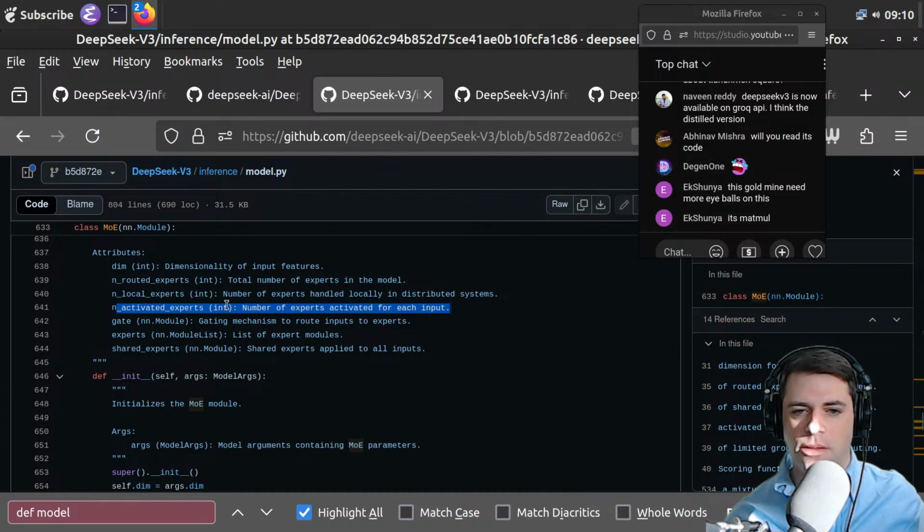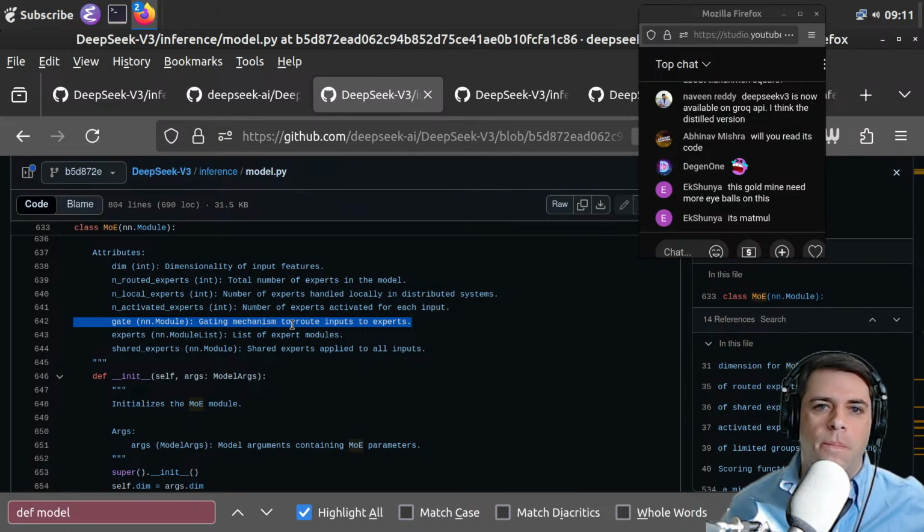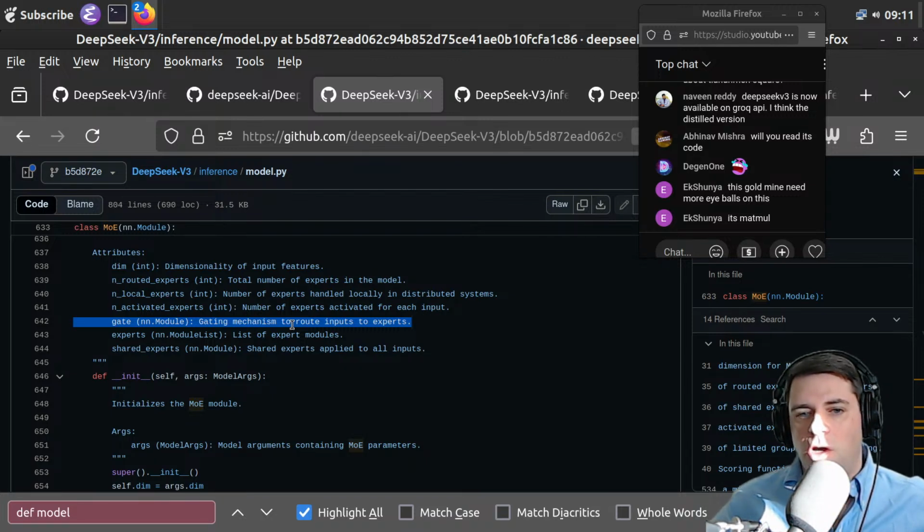I'm guessing that happens at the expert level, with some gating mechanism to route inputs to experts. Since this is in the context of parallel inference, there's a routing problem.